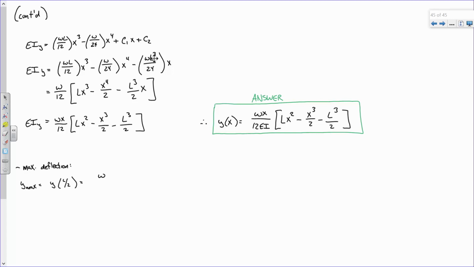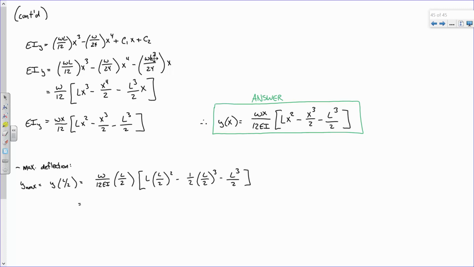So we have W over 12 EI times L over 2 times, and what do we have? We have L over 2 squared minus 1/2 L over 2 cubed minus L cubed over 2.